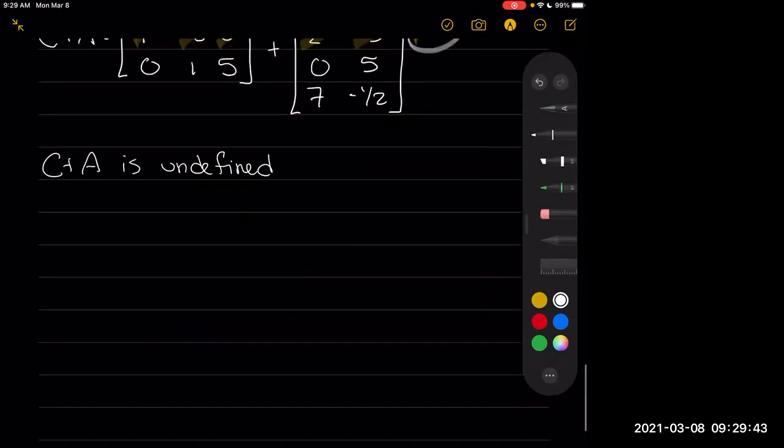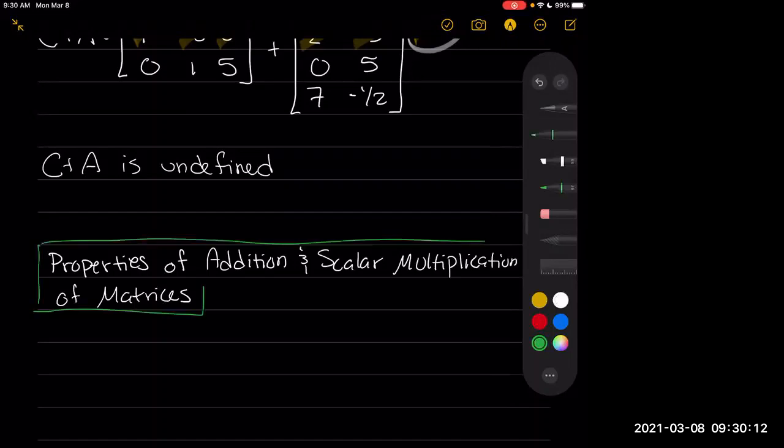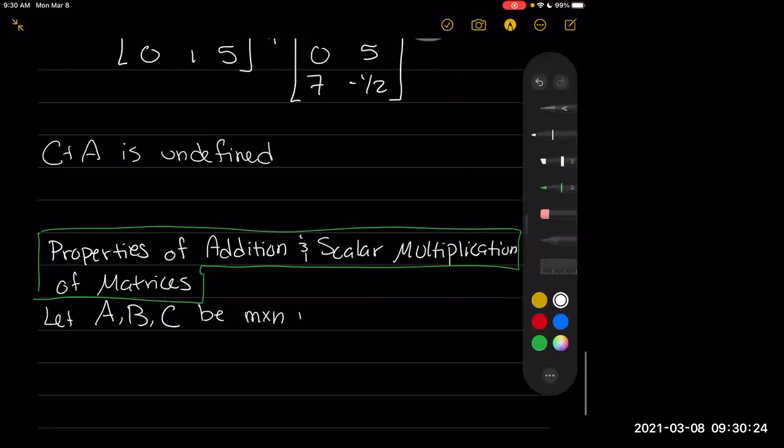Okay, and now we're going to move on to properties of addition and scalar multiplication of matrices. So we're going to let A, B, and C be M by N matrices.